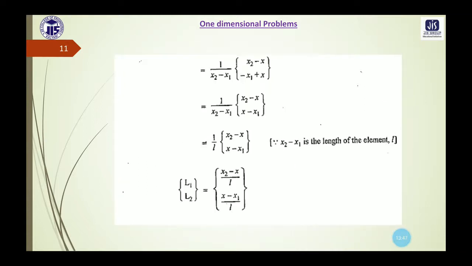So that means we can write 1 by (x2 minus x1) and the multiplication of the other two matrices, which gives x2 minus x and minus x1 plus x. So after two steps we get 1 by L into (x2 minus x) and (x minus x1), because x2 minus x1 is the length of the element, which is L. So we can represent [L1; L2] as [(x2 minus x) by L; (x minus x1) by L].